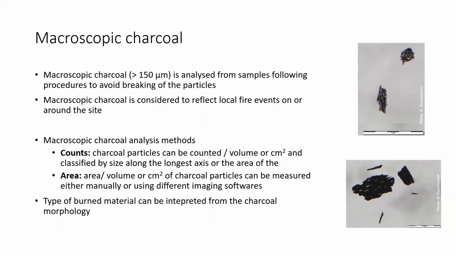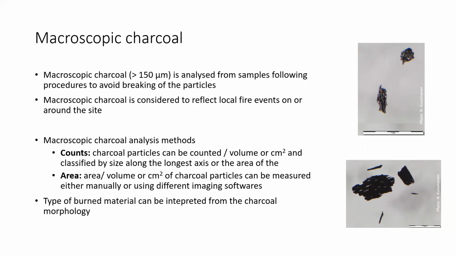So basically, there are also different ways to analyze macroscopic charcoal. The usual way is to count macroscopic particles per certain amount of sediment sample, or then the area of the charcoal can be measured per volume, or for example per 1 square centimeter.